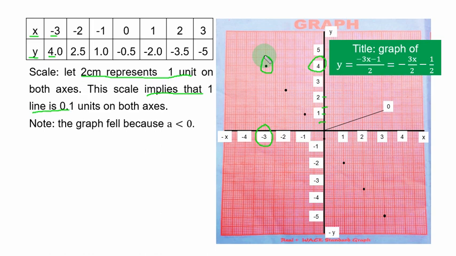The next value, when s is minus 2, y is 2.5. This is s here. When s is minus 2, now 2.5 is between 2 and 3. Remember, we said that one line implies 0.1. So this is 2. After 2, the next line becomes 2.1. The next line 2.2.